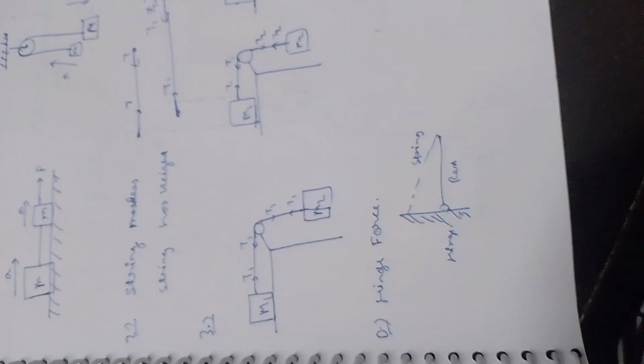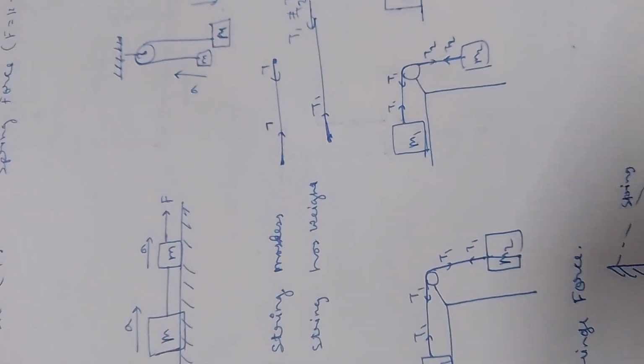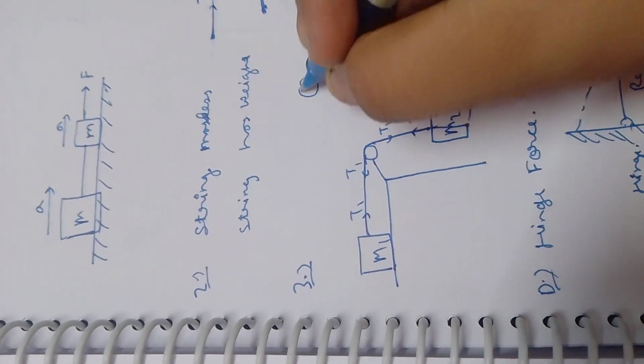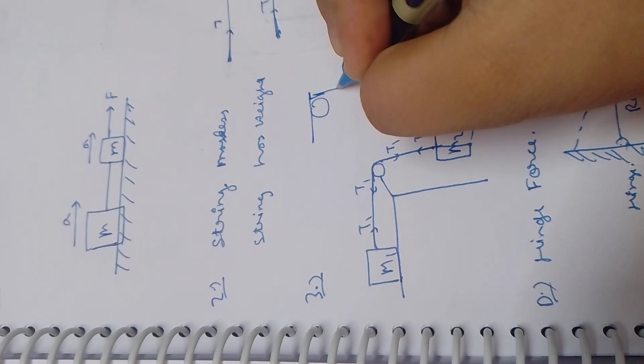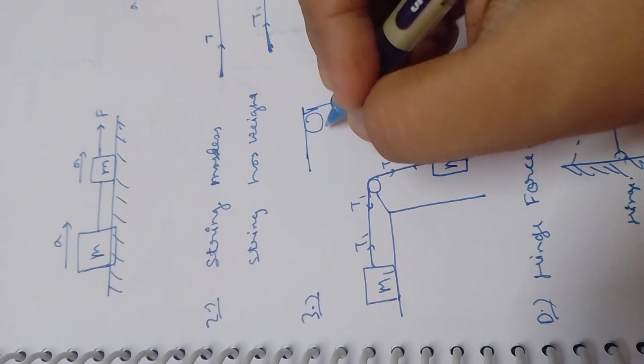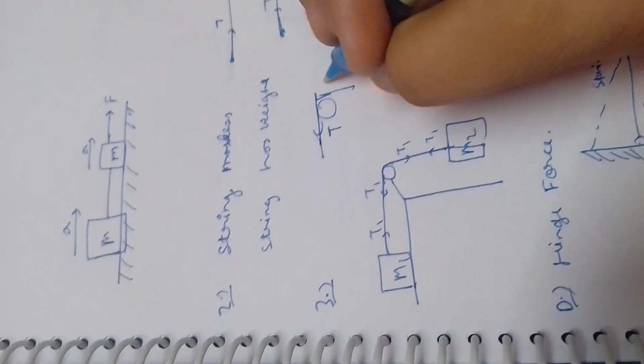And the third point we have to remember: if the pulley is massless and frictionless, tension will be the same on both sides of the pulley. Let's say this is the pulley and this is a string over it. If the pulley is frictionless and massless, then the tension on both sides of the pulley is the same.